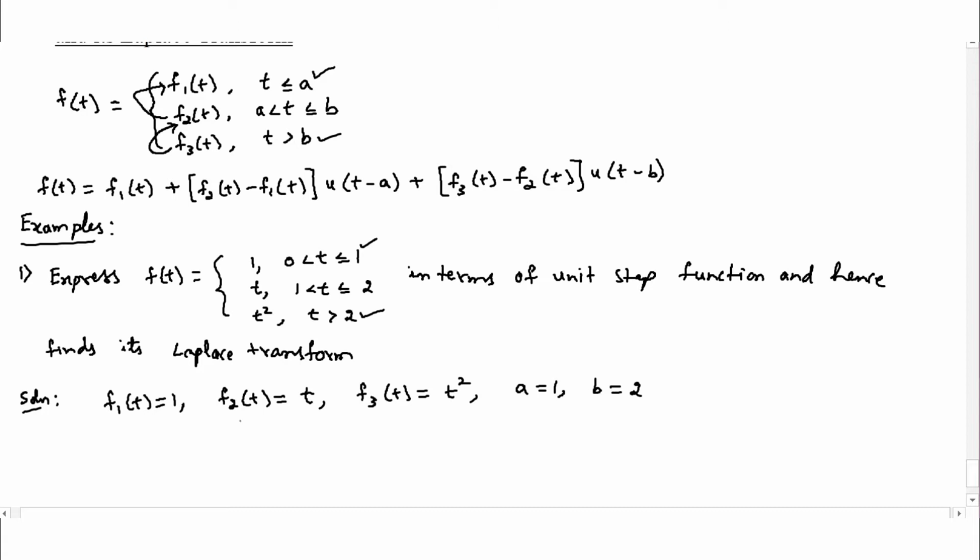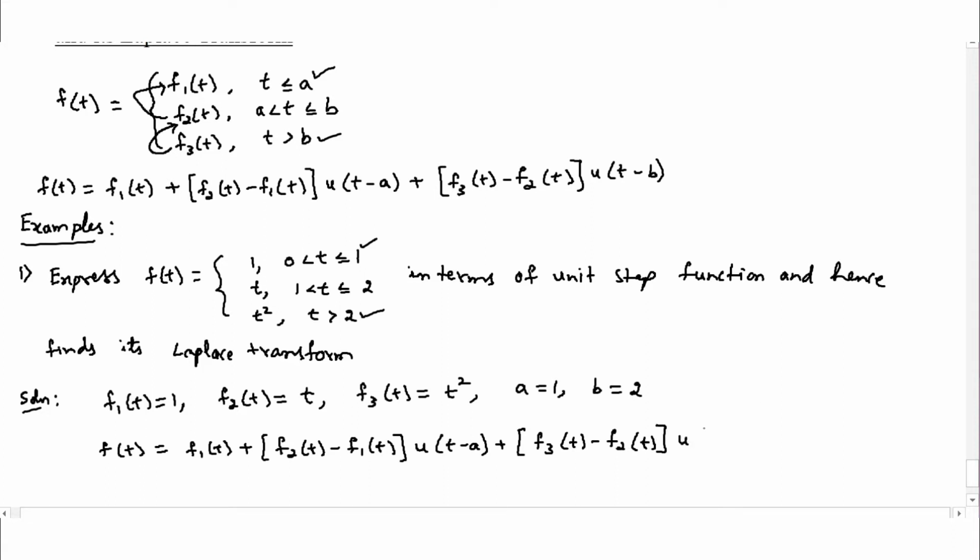Now if I rewrite the property, we have f of t equal to f1 of t plus f2 of t minus f1 of t, u of t minus a, plus f3 of t minus f2 of t into u of t minus b.